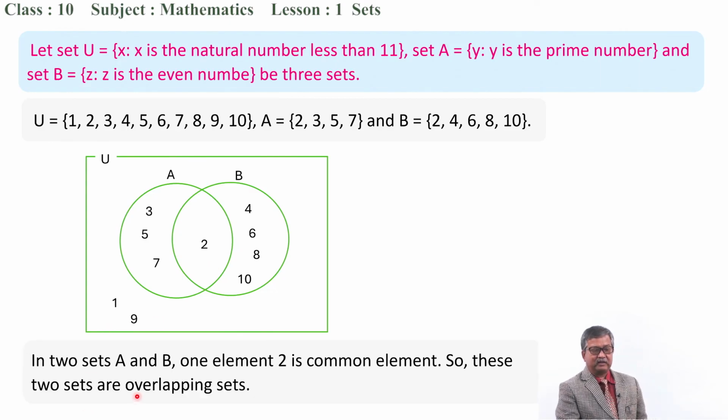So in the two sets A and B, one element 2 is common, so these two sets are overlapping sets. Is it clear? Okay.